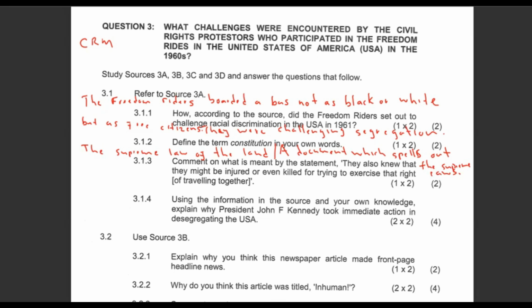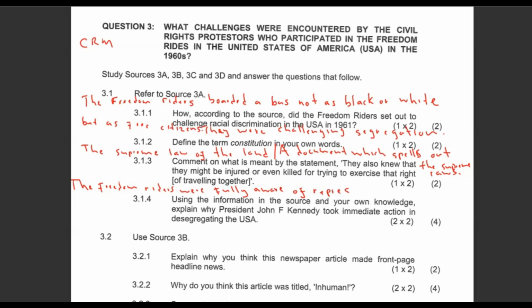Then 3.1.3, comment on what is meant by the statement: they also knew that they might be injured or even killed for trying to exercise their rights. So we need the comment. What is the meaning of this statement? The Freedom Riders were fully aware of repression.